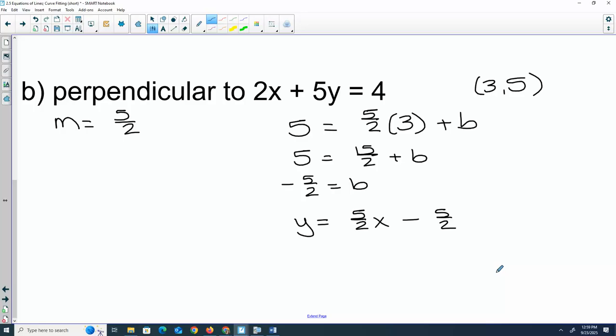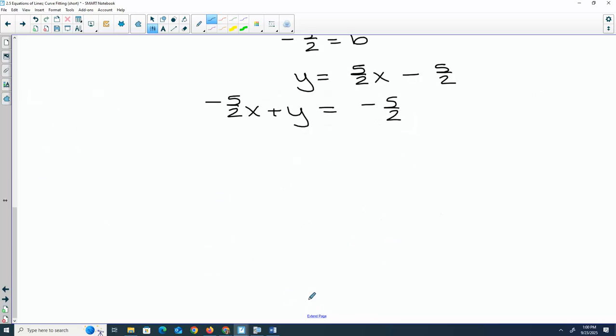How do I put that in standard form? Subtract over our 5/2 x. Okay, standard form, we have to have x and y on the same side. We can't have fractions, and x has to be positive. So what could I multiply everything by?